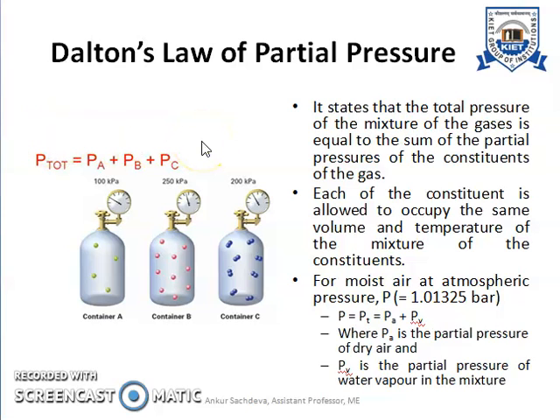Now, as I told you in the previous lecture, atmospheric air is a mixture of the dry part of the air and water vapor.